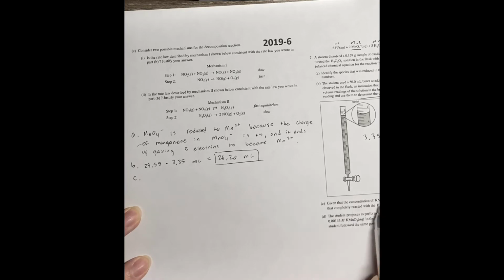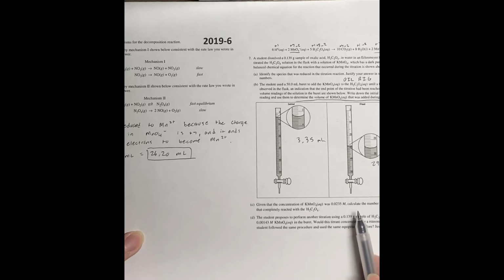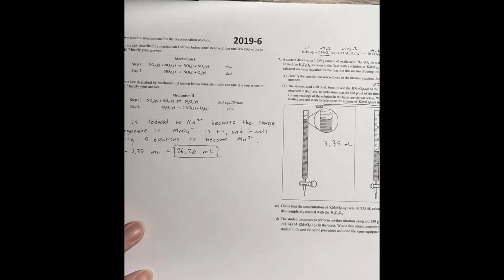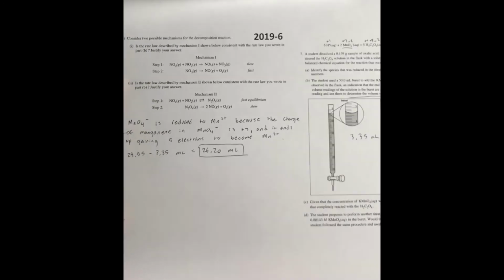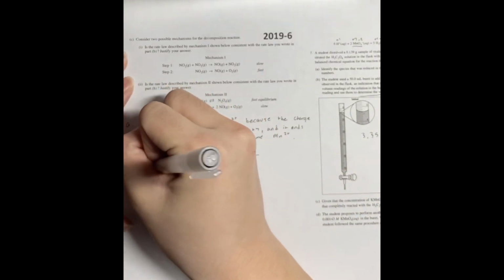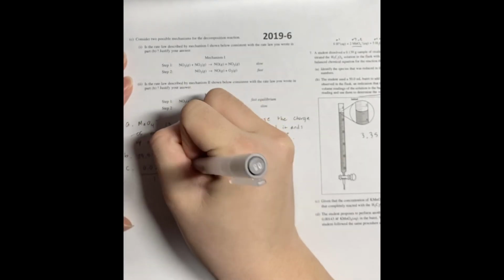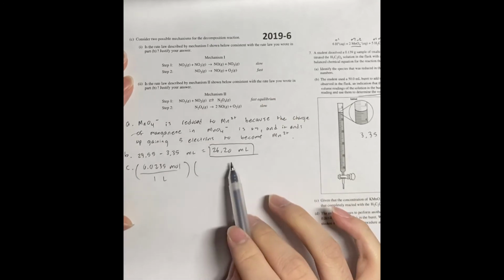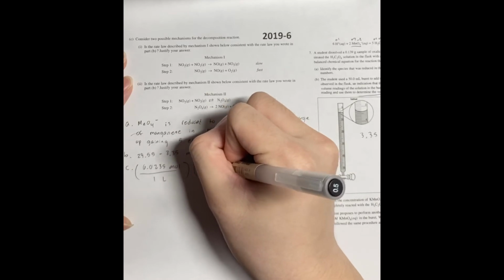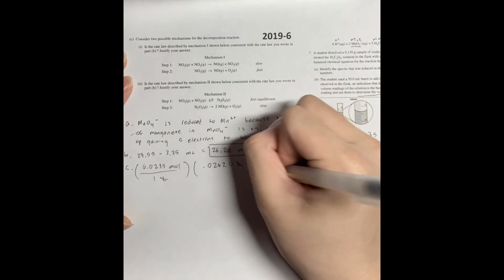C, given that the concentration of potassium permanganate was 0.0235 molar, calculate the number of moles of MnO4- ions that completely reacted with the oxalic acid. So we know molarity is moles over liters, so we do 0.0235 moles per 1 liter, multiply that by the volume we just got, which would be 0.02620 liters, and the units cancel out and we get the number of moles.